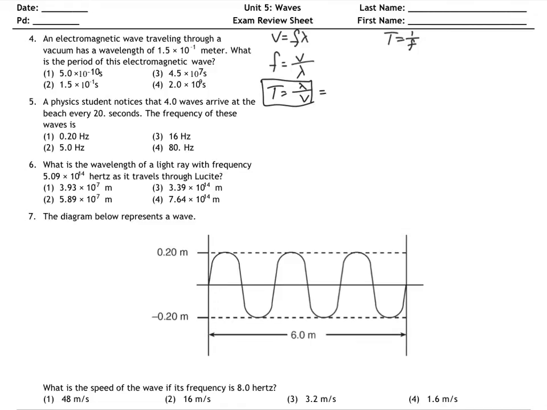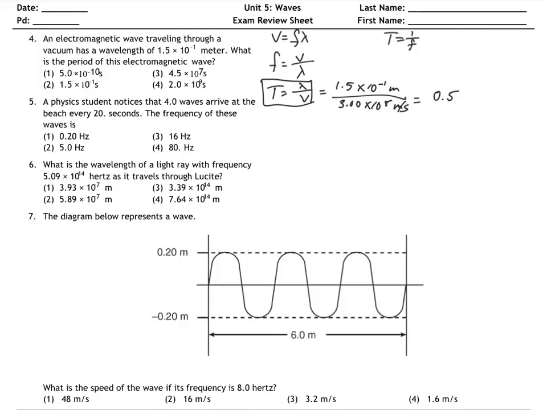So it was stated in the question that the wavelength is 1.5 by 10 to the negative 1 meters, and the velocity of an electromagnetic wave in a vacuum is the speed of light. So that's going to be 3 by 10 to the 8th meters per second. So 1.5 divided by 3 is going to be 0.5, and I also need to deal with the exponents as well.